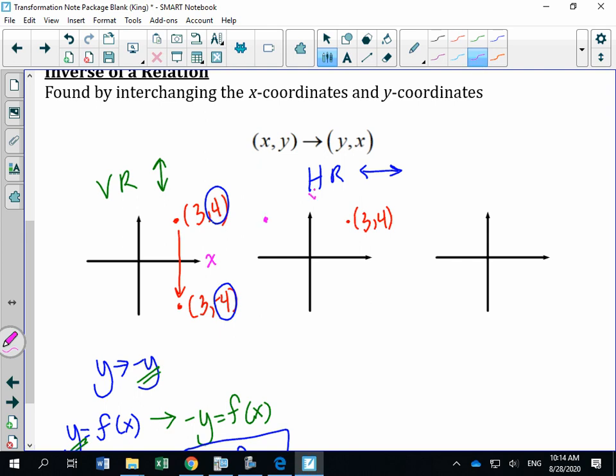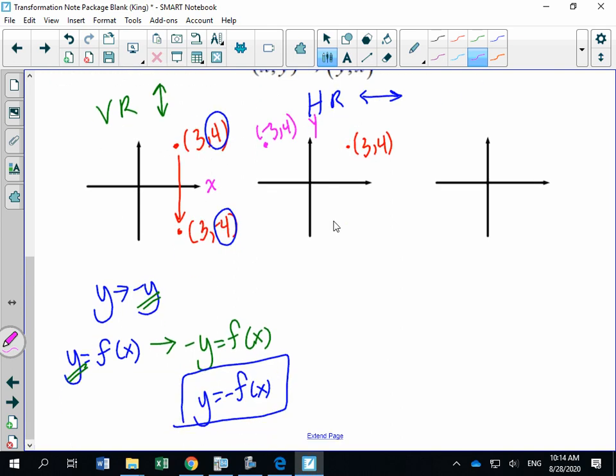The mirror line would be the y-axis, and the new coordinate would become (-3, 4). So what you should see is the replacement notation is x goes to negative x. So for horizontal reflection, x goes to negative x.